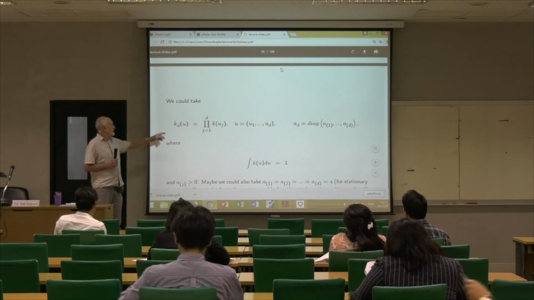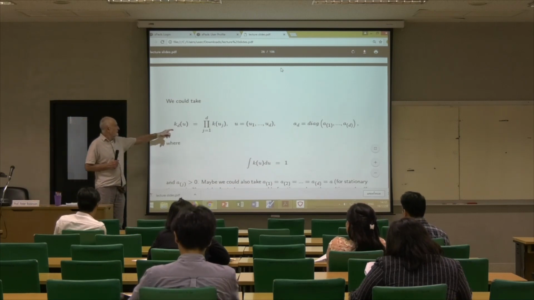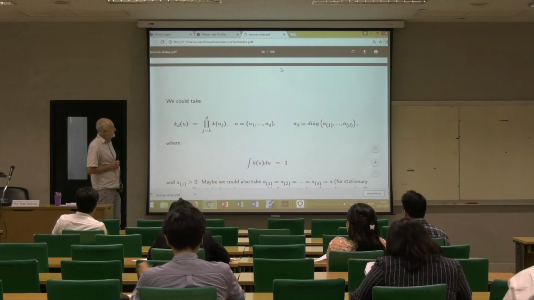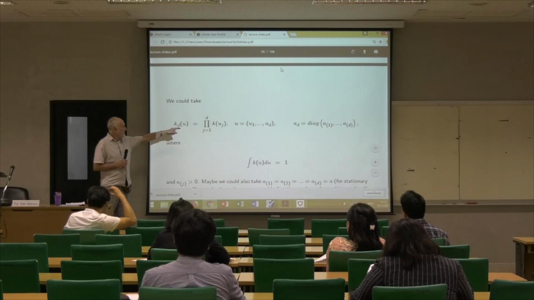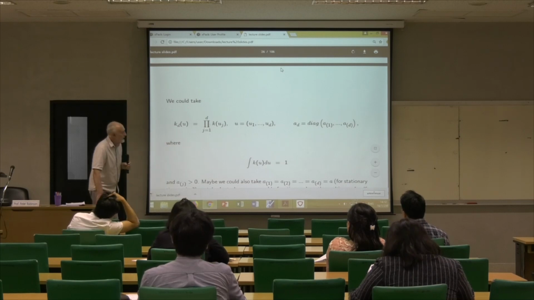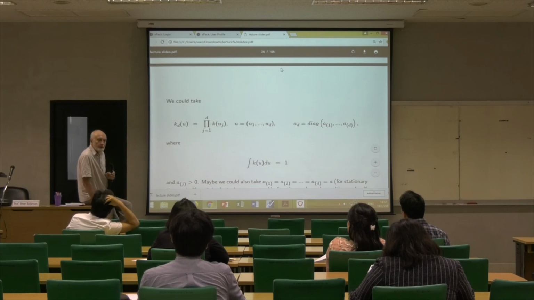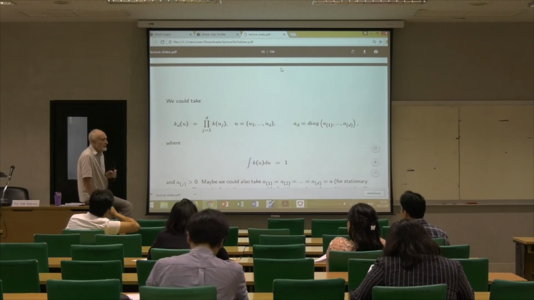So the d-dimensional kernel function could be just a product of the same kernel function. So the uj's are elements of the vector u. Because again, why would we want to choose different kernels? As I mentioned last time, the kernel function tends to be not so important.